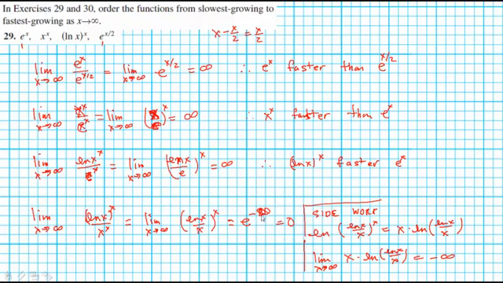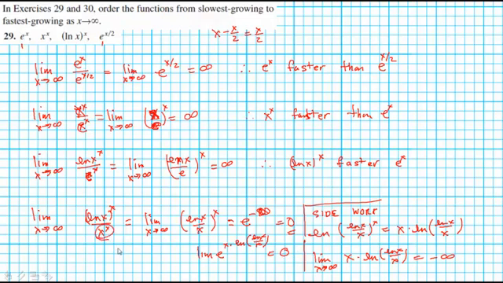This is bad form. But it goes to 0. I should have said something like the limit of e to the x natural log x over x is equal to 0. But what does that mean? It goes to 0.